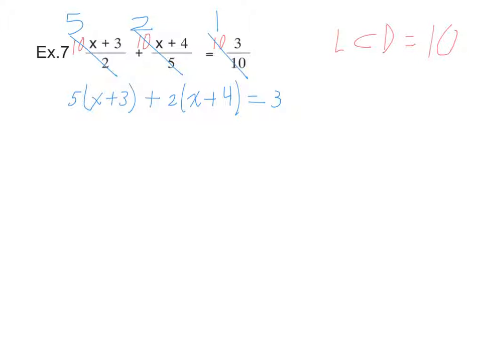We'll have to use the practice we did just minutes ago with the distributive property. I'm going to distribute the 5 and the 2. So I have 5x plus 15 plus 2x plus 8 equals 3.